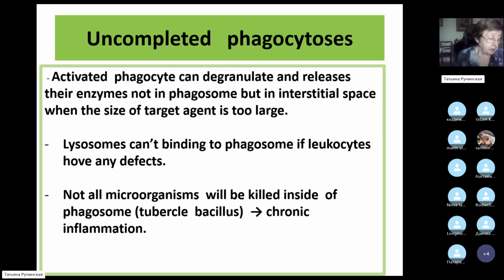That is why the bacteria cannot be killed. Another one, I told you, not all microorganisms must be killed inside the phagolysosome. I told you that this is about tubercular bacilli, you see, and this will lead to chronic inflammation.